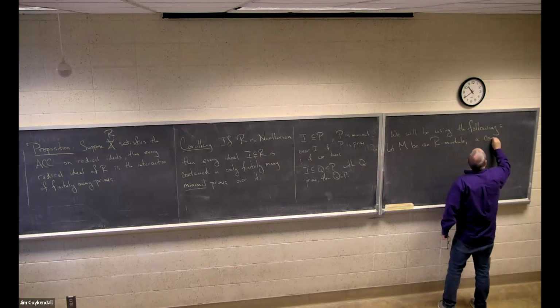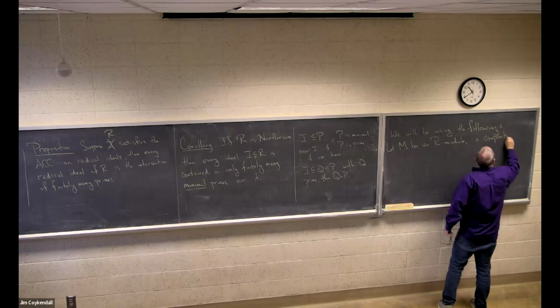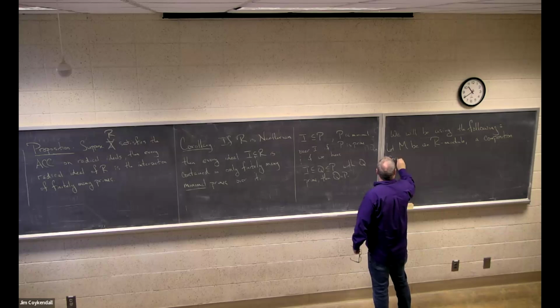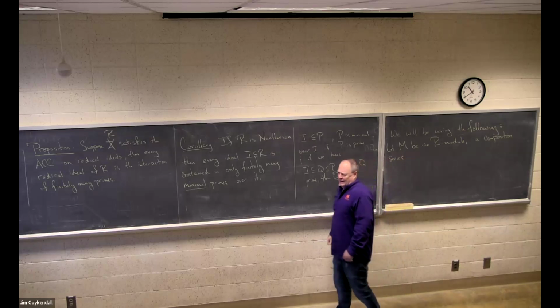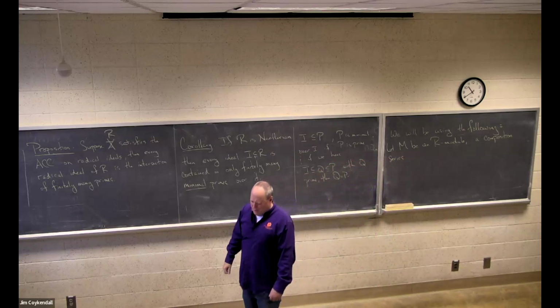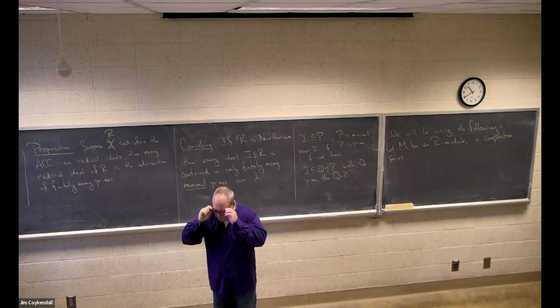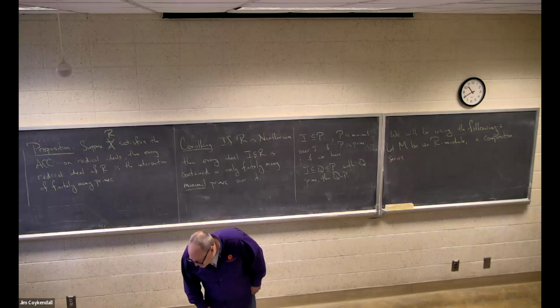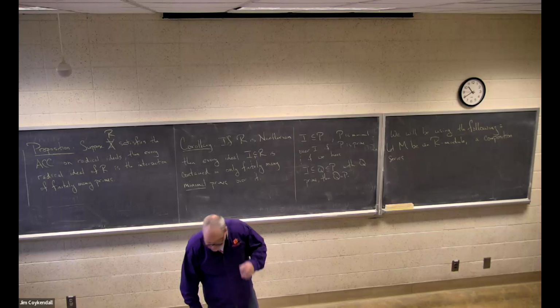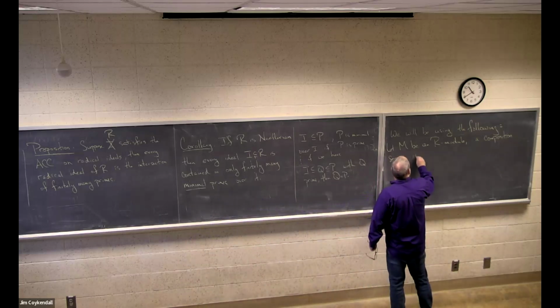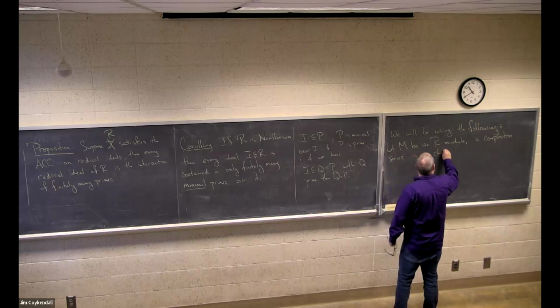A composition series, which has always really bothered me, especially given the conversations we were having before class, because they should really call this a composition sequence, is a chain.